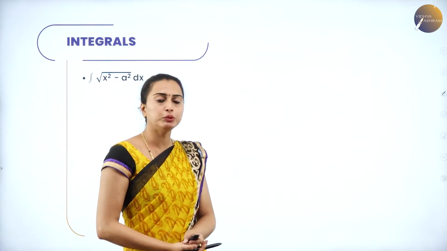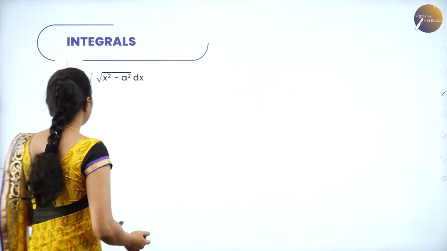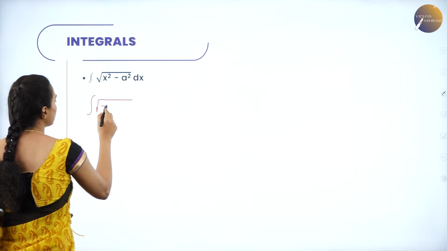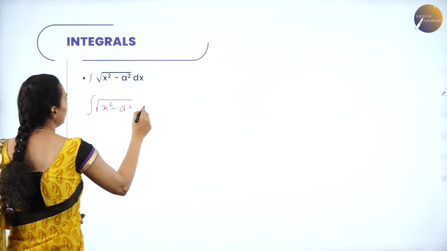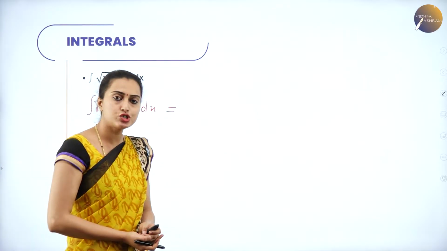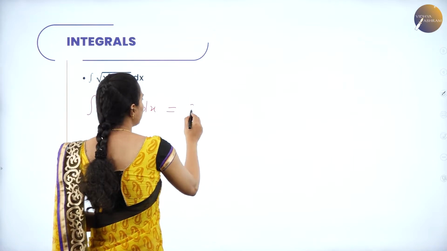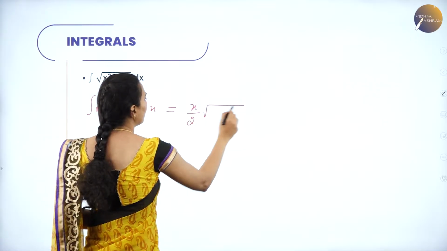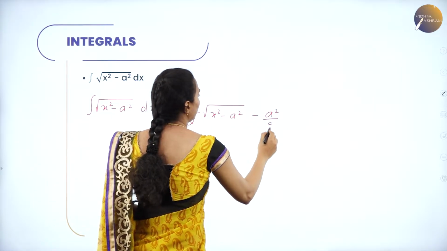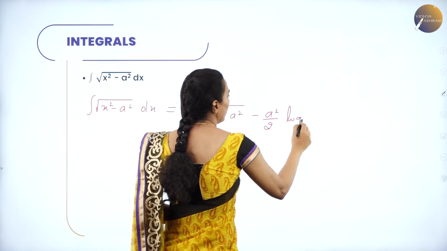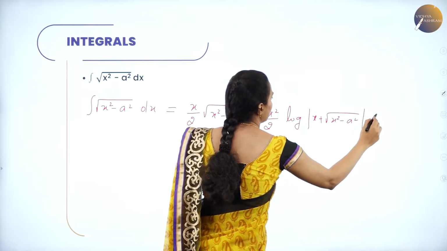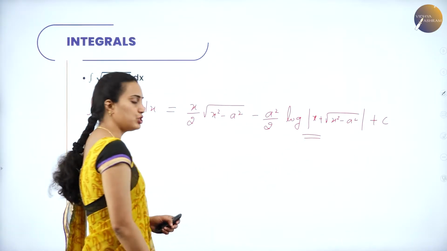You need to prove this is equal to, see here, let me take it as integral of root of x squared minus a squared into dx, which should be reduced to the form of x by 2 into under the root of x squared minus a squared divided by 2 into log of modulus of x plus under the root of x square minus a square plus c. And this is what you need to prove, dears.